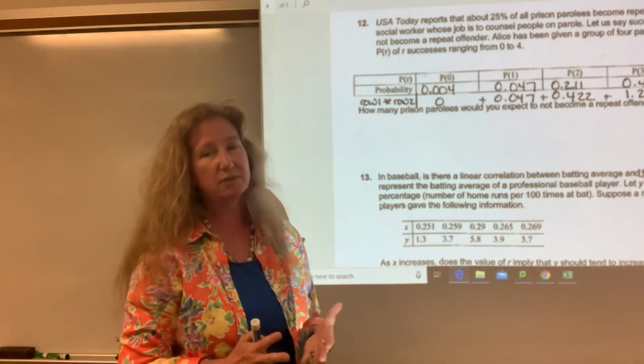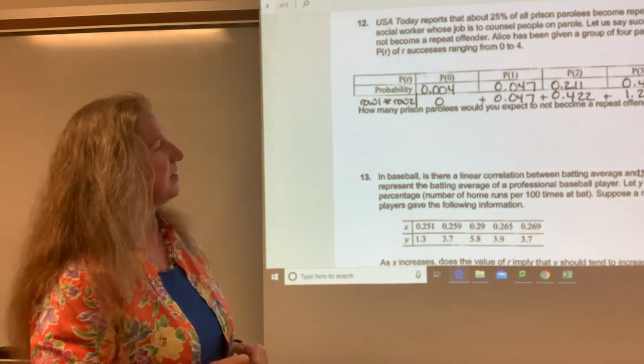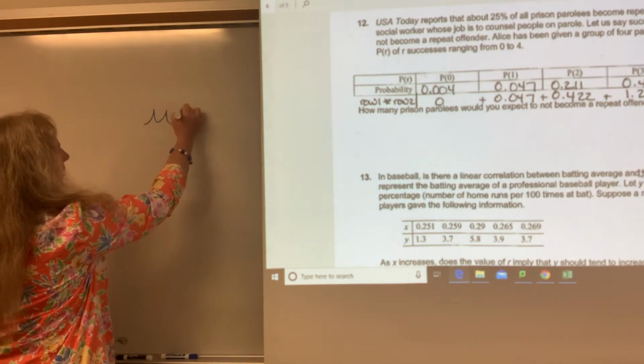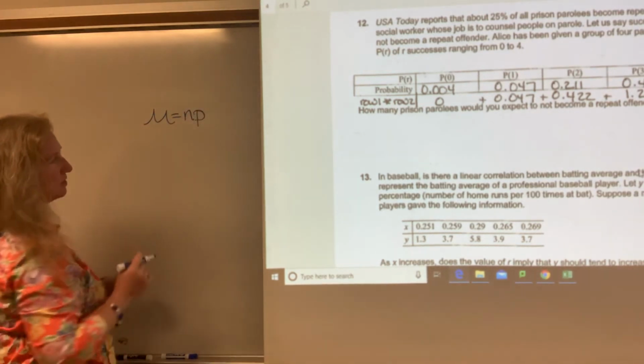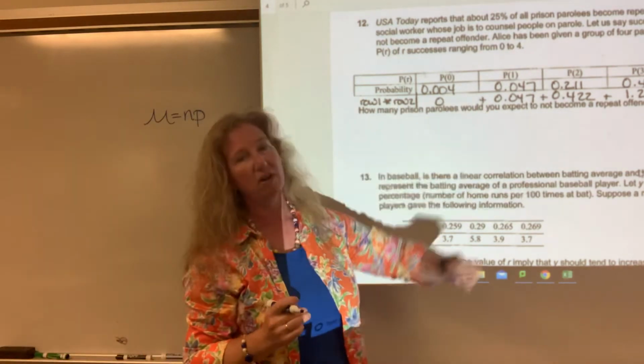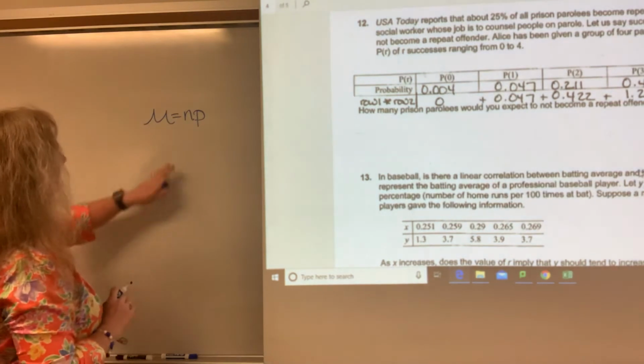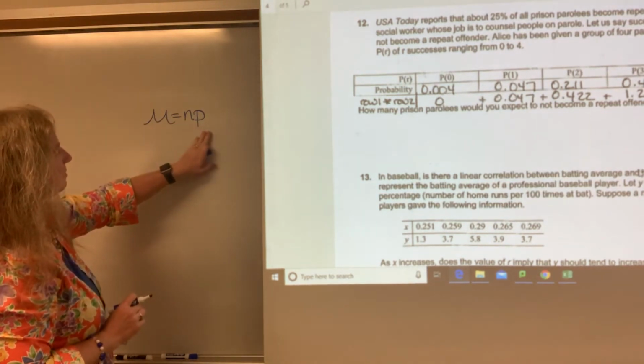It's actually 0.75, but I'll tell you why. So remember that mu equals n times p. So kind of ignore this answer. I did it a long way. Really, there's a shorter way. I should redo this answer key. So mu equals n times p.